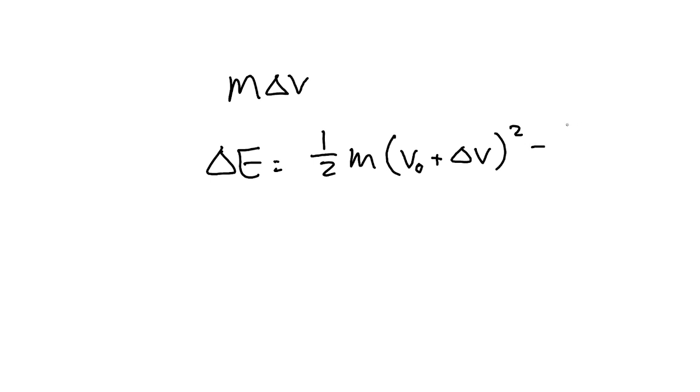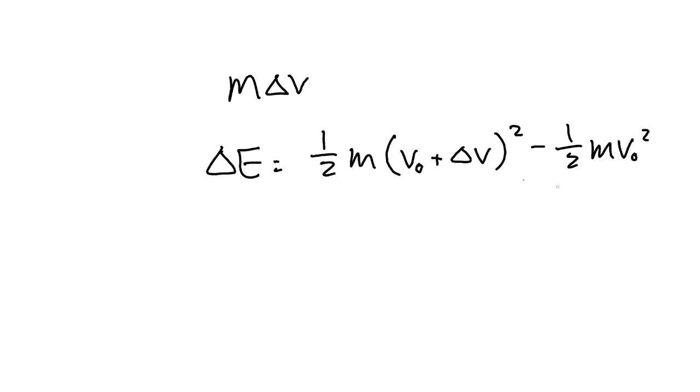So, our change in energy is going to be equal to 1 over 2 m times v, like the original v, plus the change in v, squared, minus 1 over 2 m v naught squared, right? And this is our original speed.